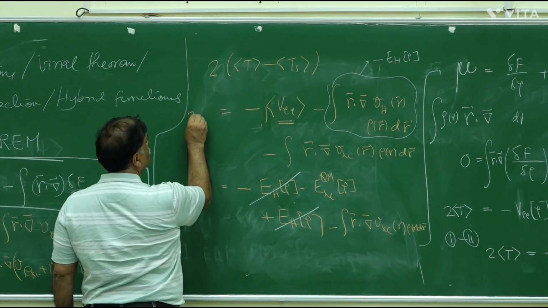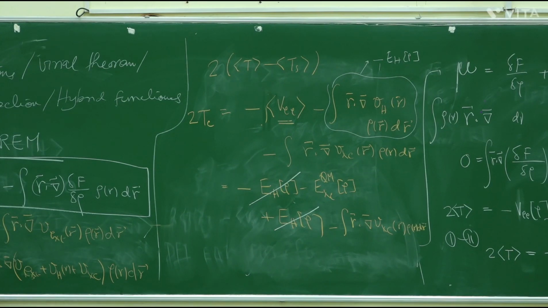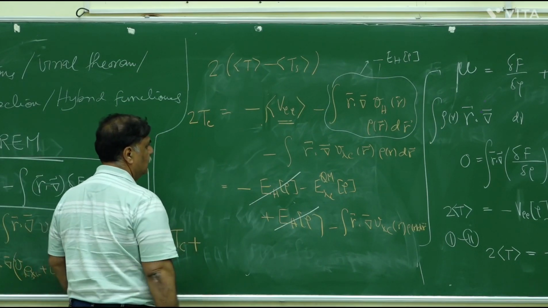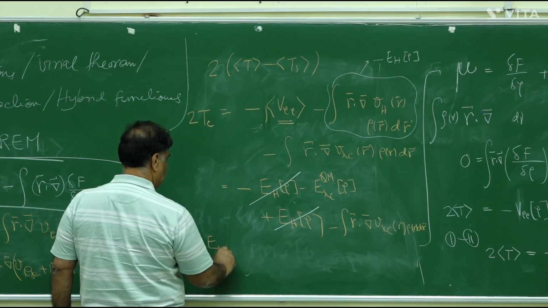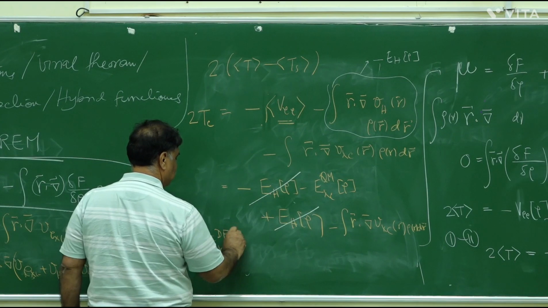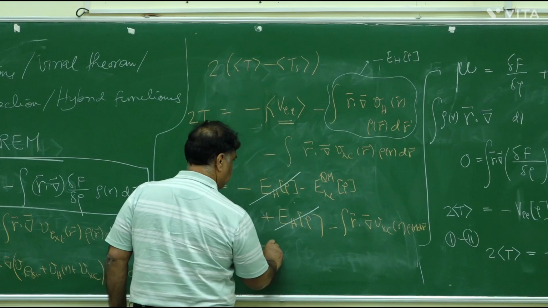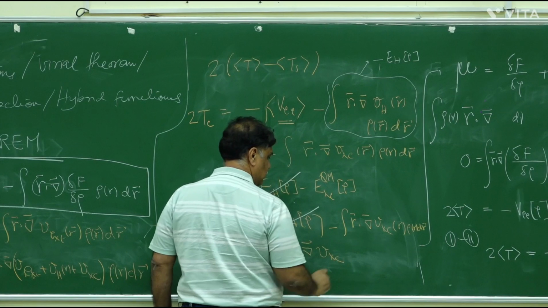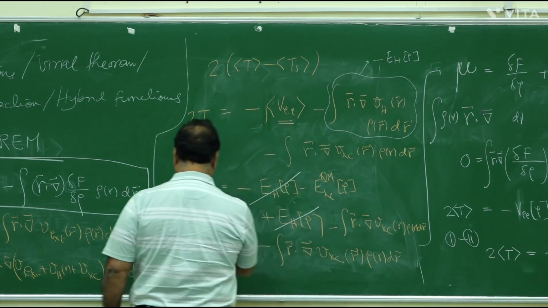And you bring this to this side. This is nothing but 2 T_C, the interacting kinetic energy. You bring the other thing to the side, you get T_C plus E_XC quantum mechanical, and that's E_XC DFT, is equal to minus integral R dot grad V_XC R rho R here.